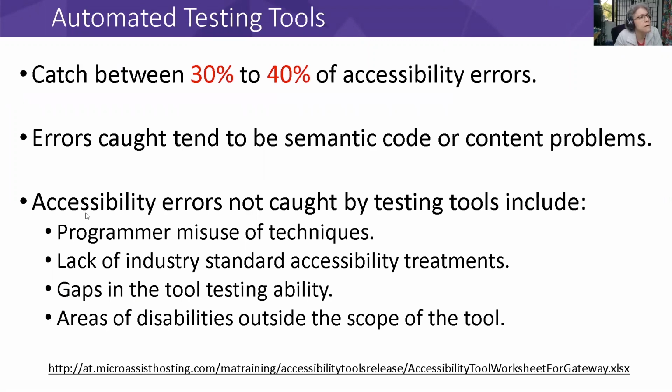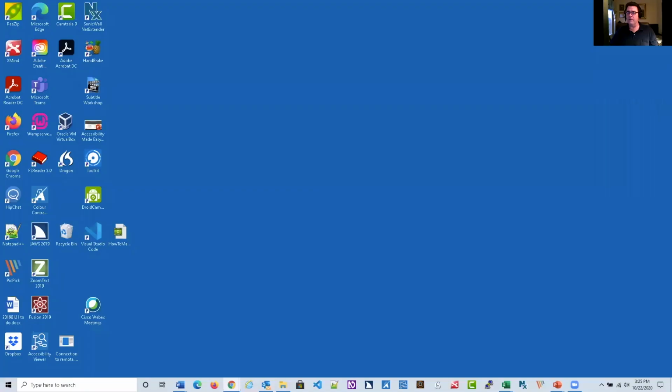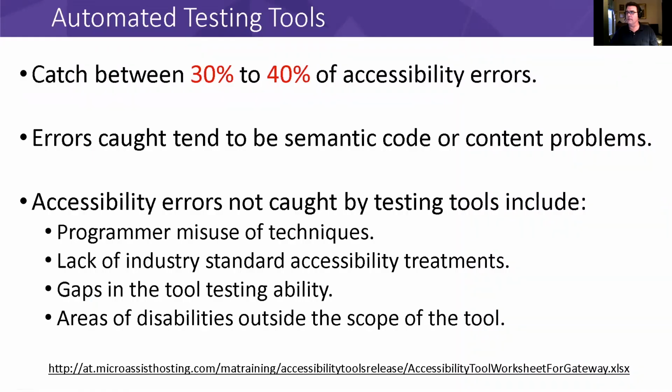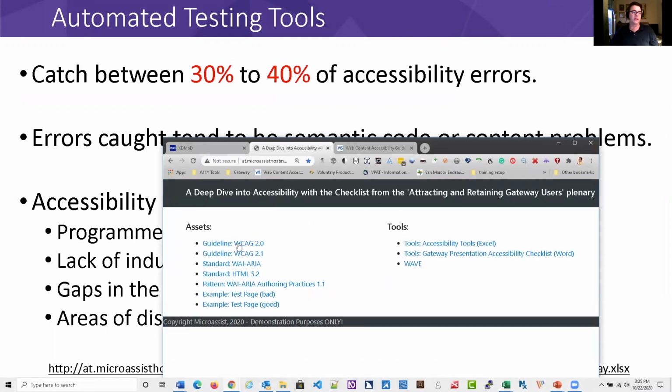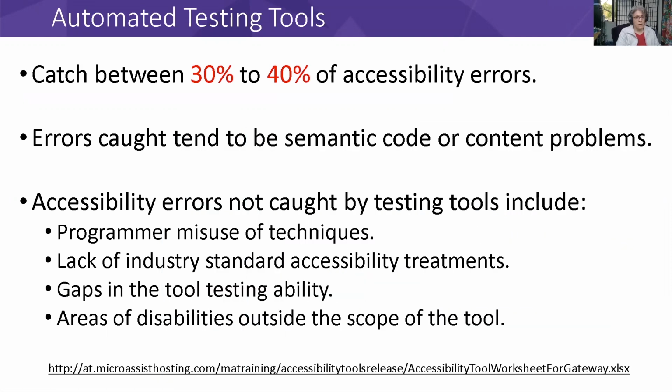It's also on the web page as well, so you can grab it out of there. That whole deep dive document. Everything I'm showing today is in here. It's this accessibility tools Excel right here. Trying to give you what you need to get through this.